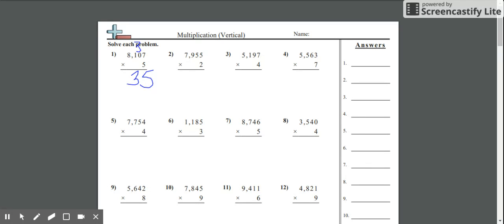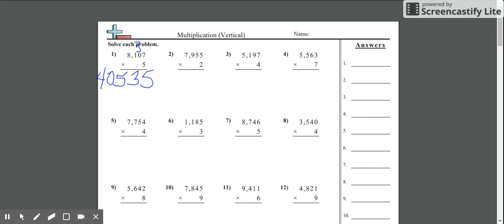Next, I'm going to multiply 5 times 1. That's 5. I didn't have to carry a number. And then last, I'm going to multiply 5 times 8, and that's 40. I'm just going to write 40 because 8 is the last number I have to multiply at the top, and when I reach the last number, I don't have to carry anything.